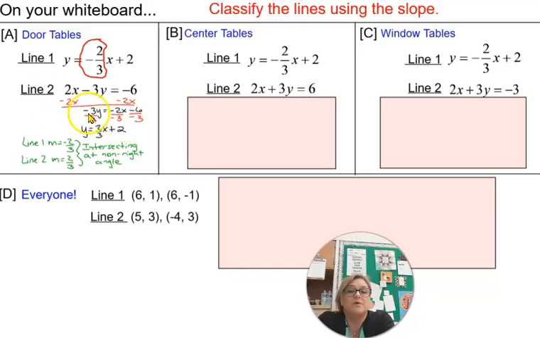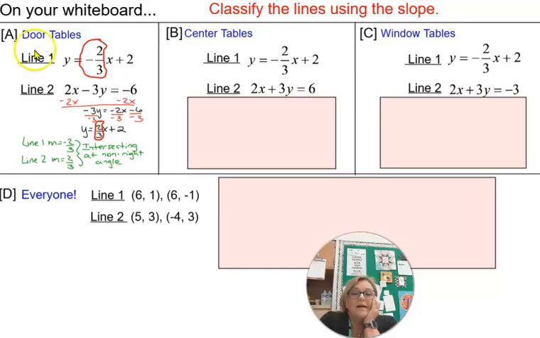If you put it in slope-intercept form, you'll see that 2/3 is the slope. It's the coefficient on the x. So if we compare those slopes, negative 2/3 and positive 2/3, they're opposites but not reciprocals. So these lines are intersecting at a non-right angle.